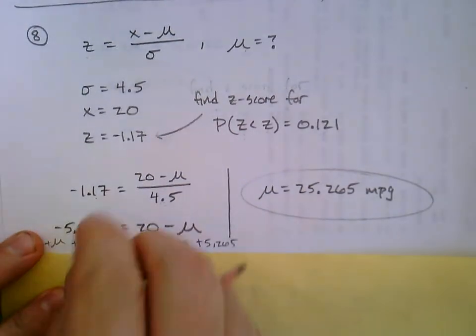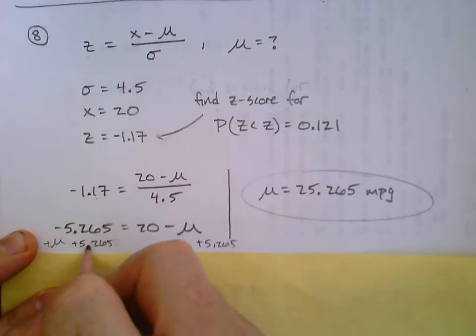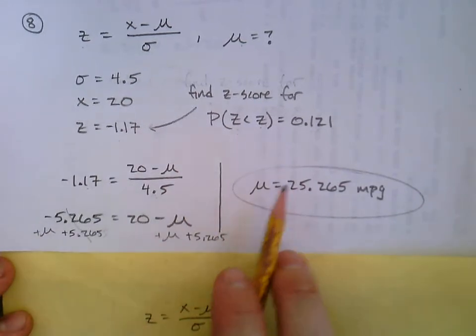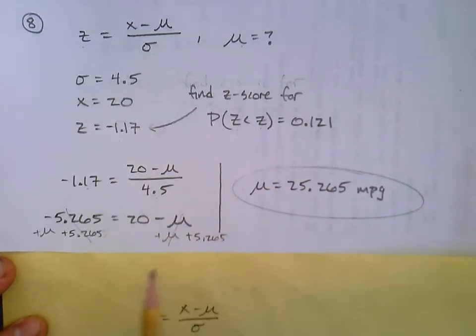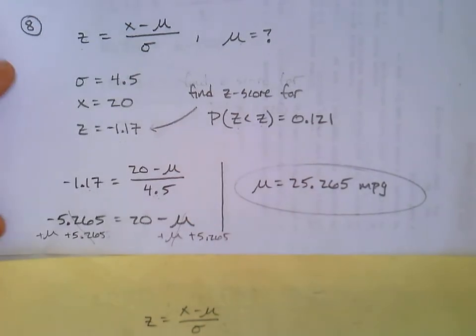What did I do right there? Those cancel out and you'll get mu over here by itself, and 20 plus 5.265 gives you mu equals 25.265 mpg.